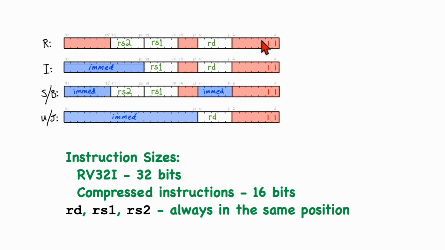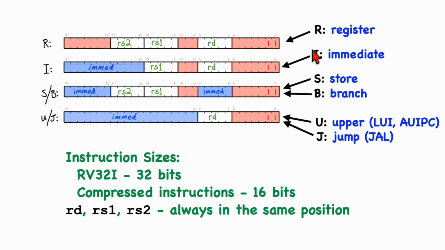Now let's look at the different types of instructions. We have R-type instructions for register-to-register operations. We have I-type for instructions that take an immediate value, which is encoded into the instruction. We have S-type for the store instructions, and B-type for the branch instructions. The difference between S-type and B-type is in exactly how the immediate value is extracted from the instruction bits.